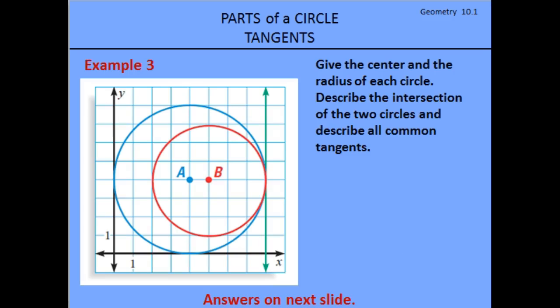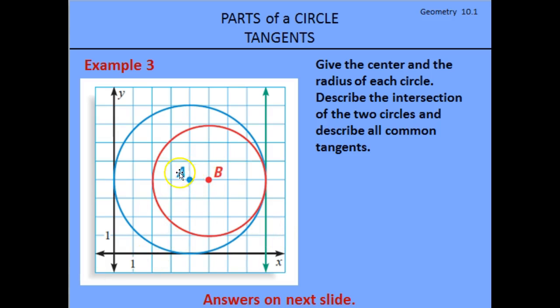Given the center and the radius of each circle, describe the intersection of the two circles and describe all common tangents. Now, if you're not really connecting all of your math from the past, you may not remember that when we use the coordinate plane, by describe, we mean use common points like x, y.